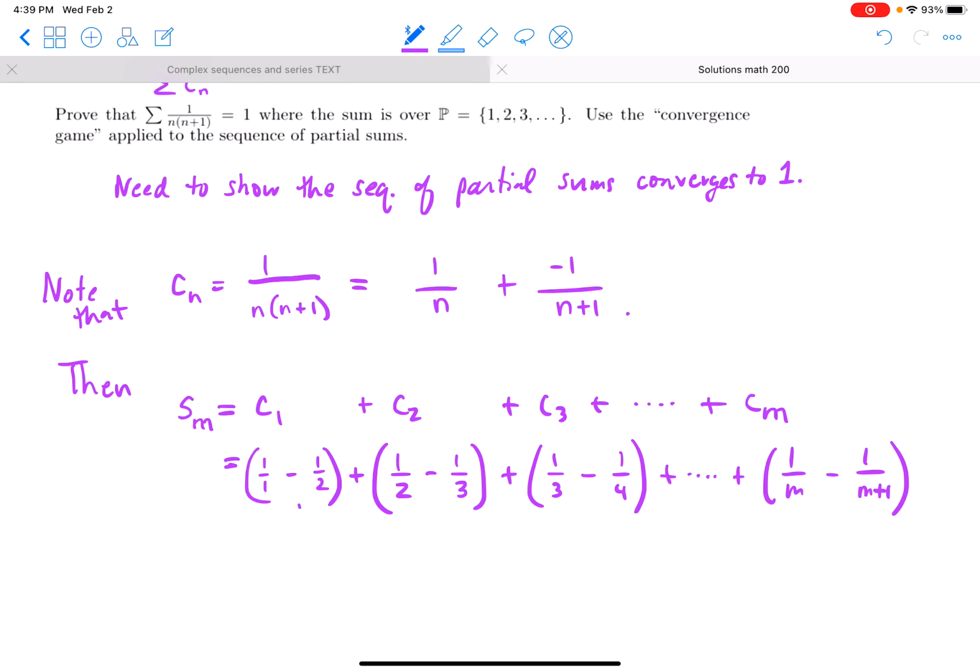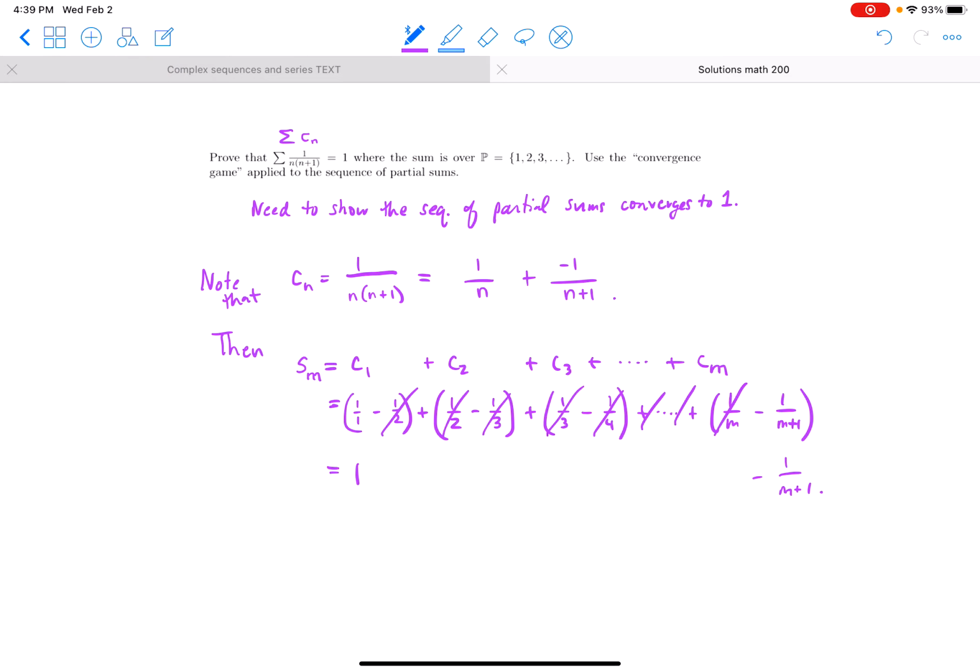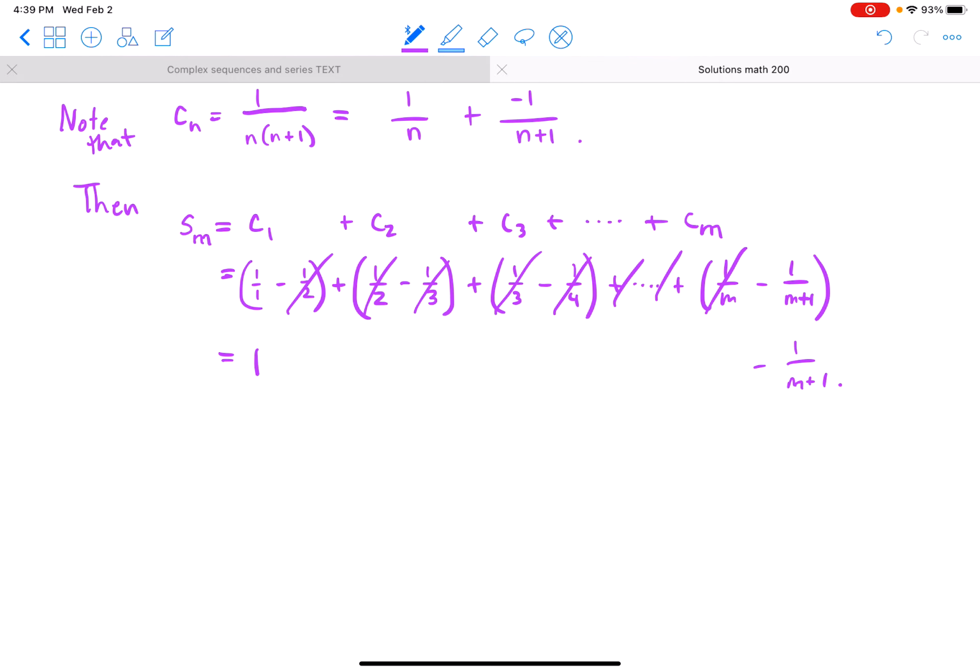Okay, and now notice, this cancels this, this cancels this, this cancels something there, something here is going to cancel that. And all of this is just 1 minus 1 over m plus 1. Therefore, we have an explicit formula. S sub m is equal to 1 minus 1 over m plus 1.